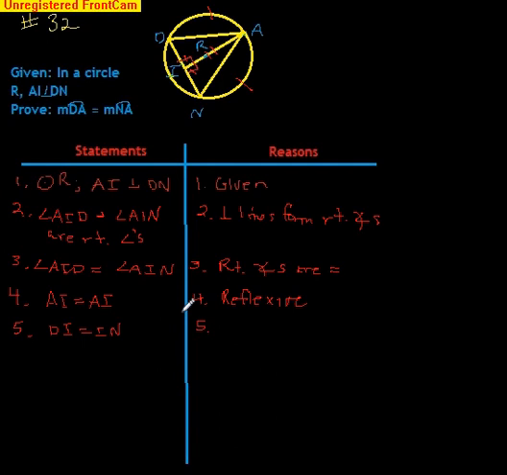In the first lesson, the theorem says if a line through the center of the circle is perpendicular to a chord, it bisects the chord. So really, I should say that AI bisects DN.